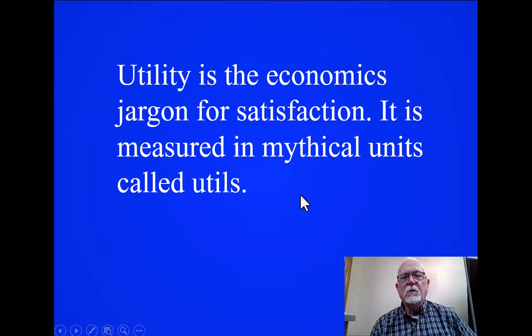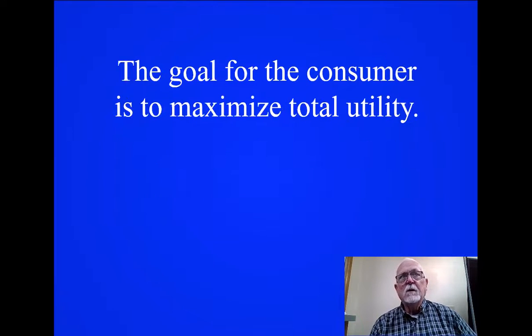But let's just stay with the classical idea of utils being some kind of mythical unit that we come up with. Now, we assume in microeconomics that the goal for the consumer is to maximize total utility.